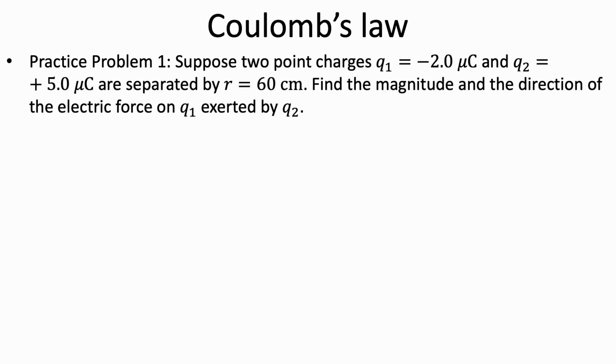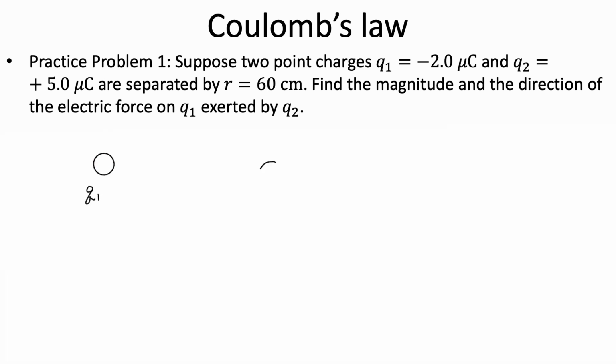We will now work on two practice problems. Suppose two point charges, Q1 with negative 2 microcoulombs and Q2 with positive 5 microcoulombs, are separated by 60 centimeters. We want to find the magnitude and the direction of the electric force on Q1 exerted by Q2.